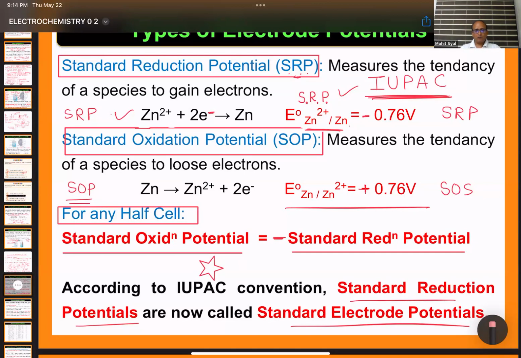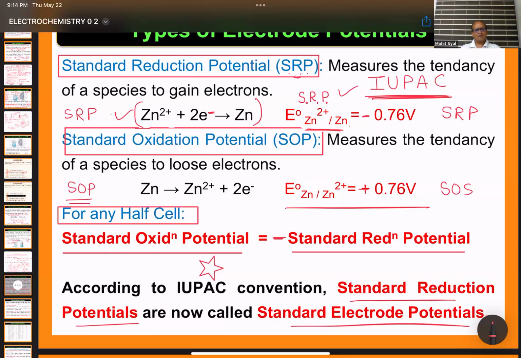Most of the metals, you can write, have negative SRP values. Look here. You can write this point. Metals have negative standard reduction potential values. Why is it like this?